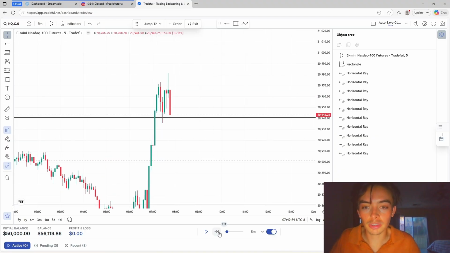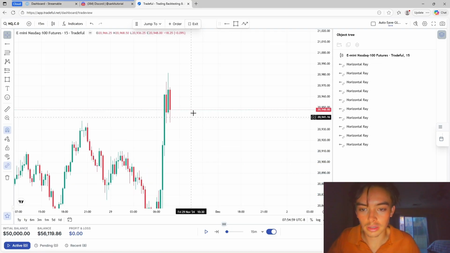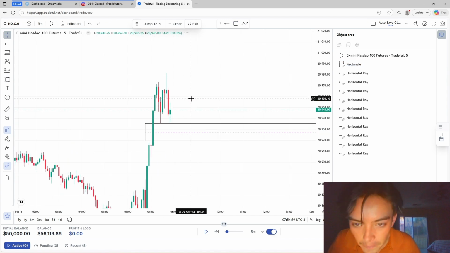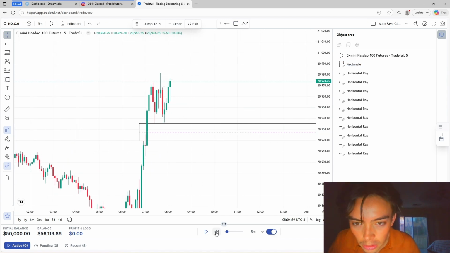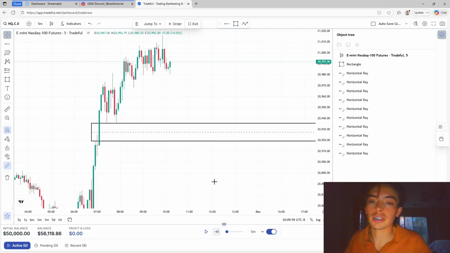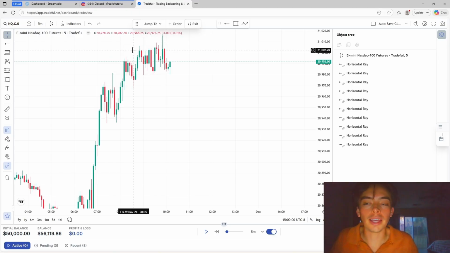If we can tap into that 15-minute gap, that'd be nice. Right here, maybe? Okay, so we actually don't end up tapping into it, and it's already 10 o'clock. I would have just called it there, so that's that.